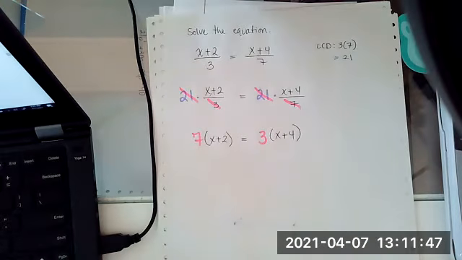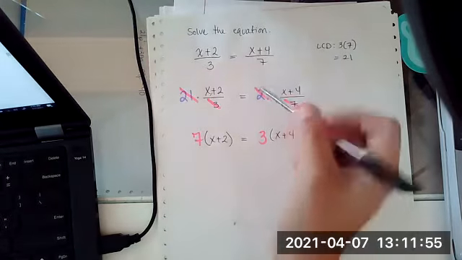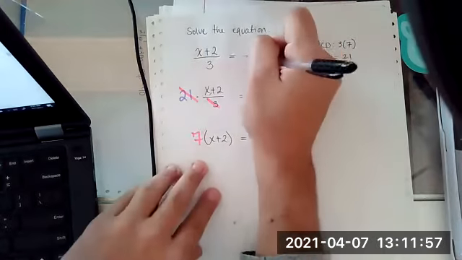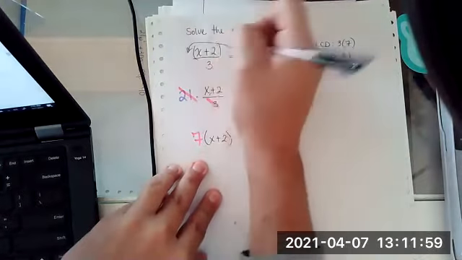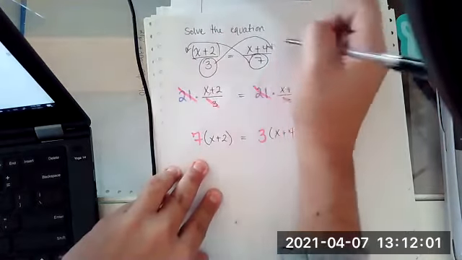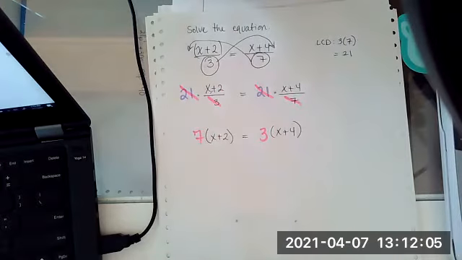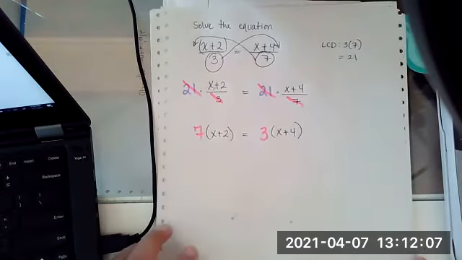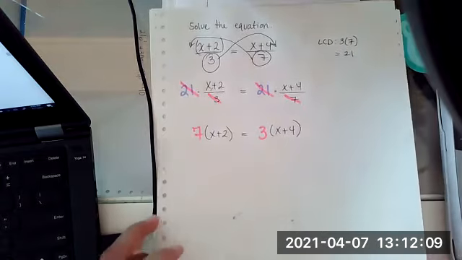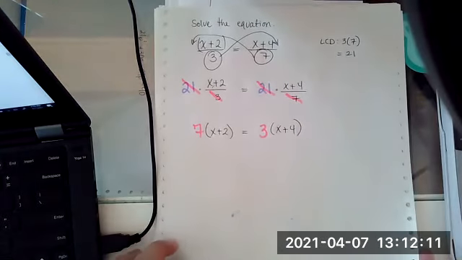So I prefer not to say, I don't even talk about it in lecture. But if you are comfortable doing that and you notice that that's essentially what you're doing, you're taking this guy, multiplying it up here, taking that guy and multiplying it right there, then that is sort of like cross multiplying. But again, that is the strategy which shall go unnamed as far as I'm concerned.